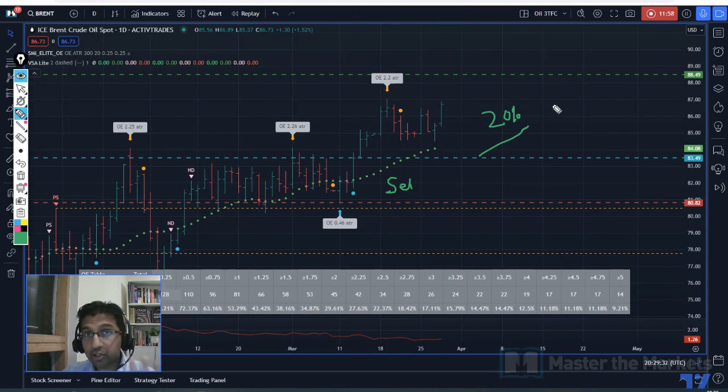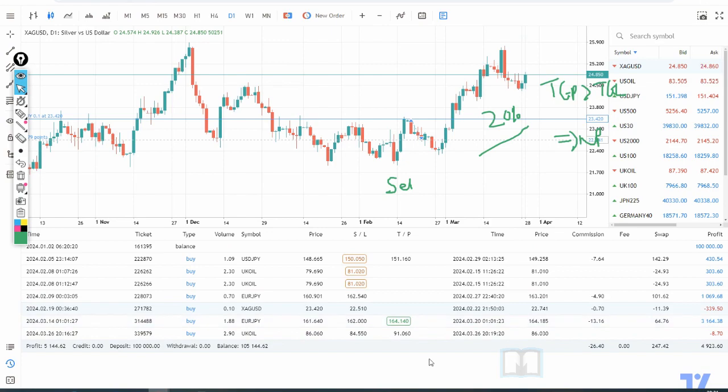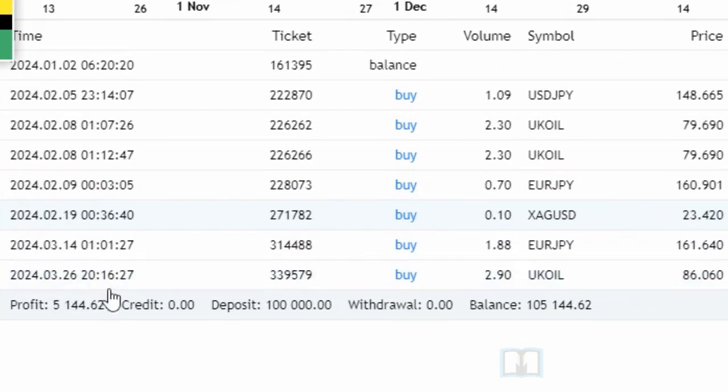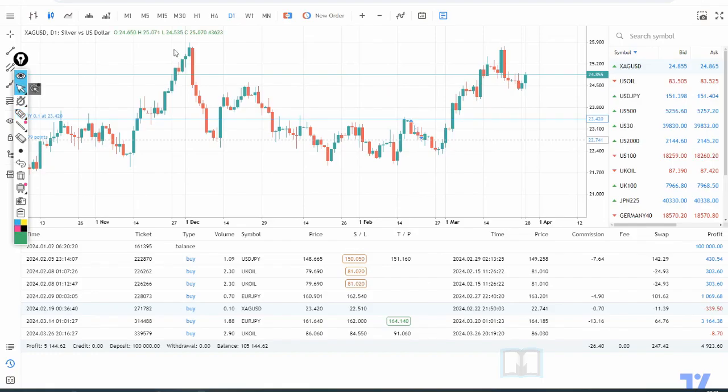By doing that, traders, my overall total gross profit improves to override the total gross loss to give you a very good net profitable strategy that you can see over here on our Q1 performance over the last 3 months, which has given us 5,144.62 profit, which is roughly, on a 100K account, about 5.14%. We are 5% closer to going live, and this is all done in real time.